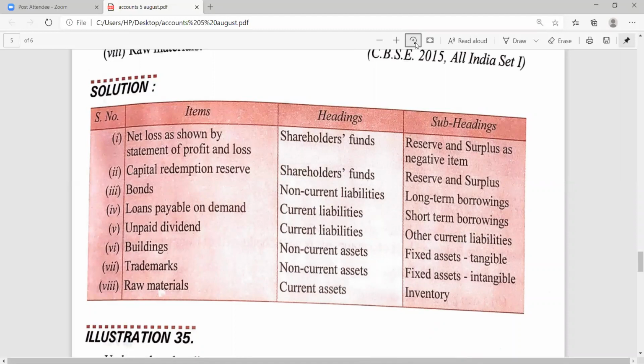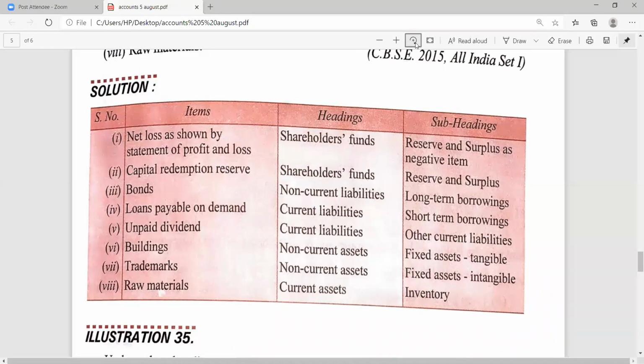Loans payable on demand: the heading will be current liabilities, and it is shown in short-term borrowings. Unpaid dividend is also shown in current liabilities, and the subheading will be other current liabilities.